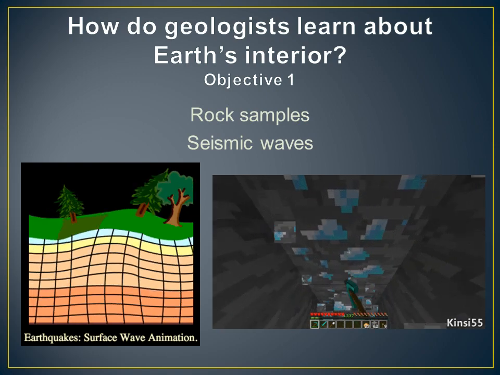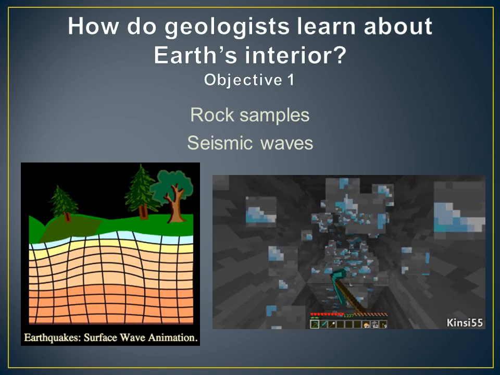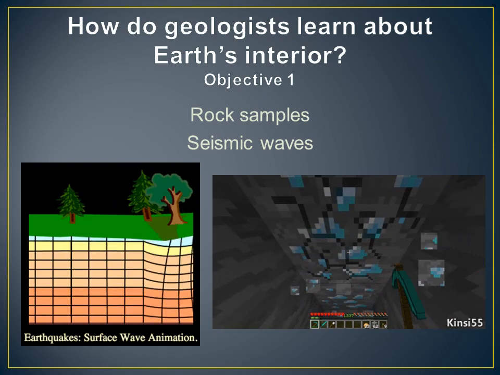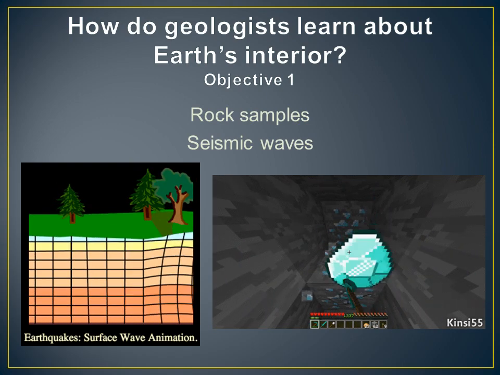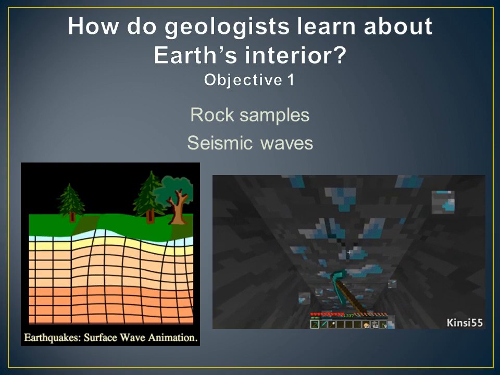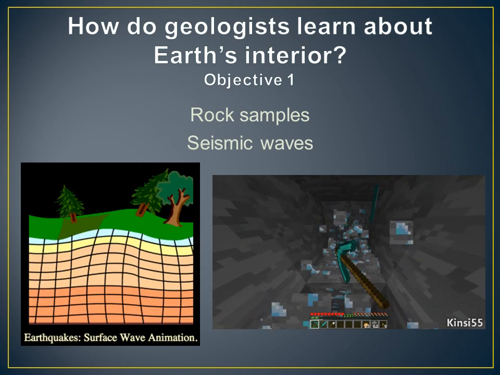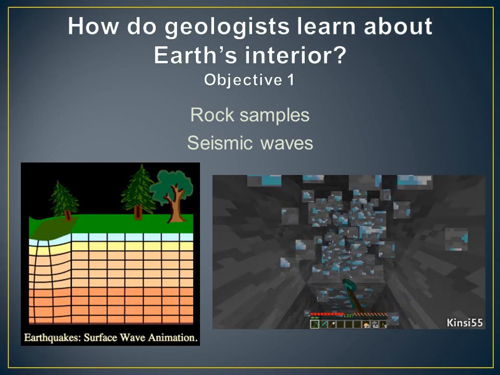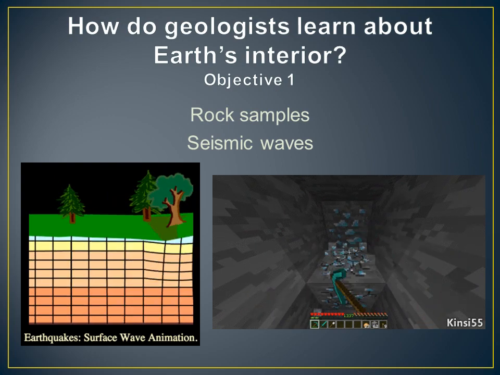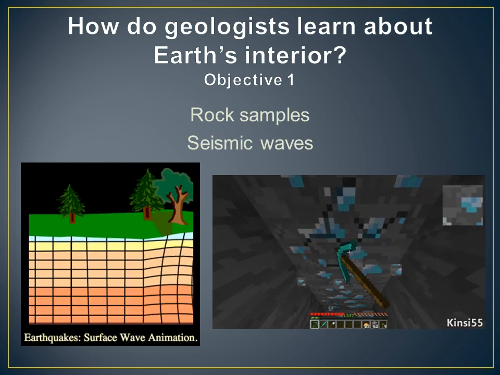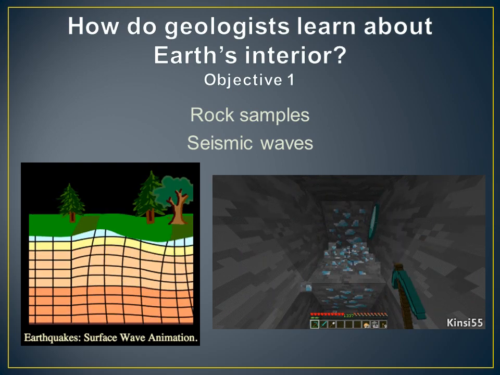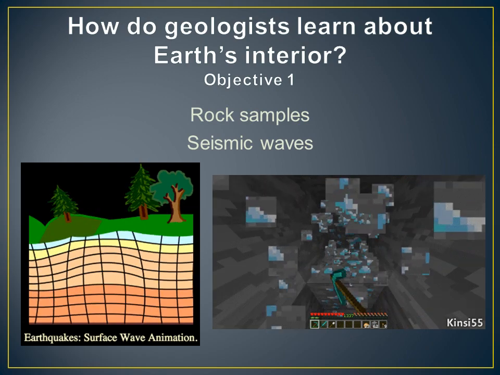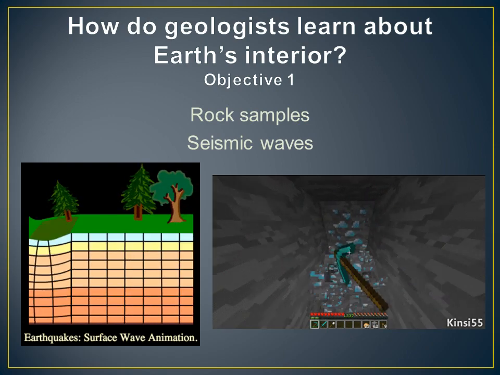You might find iron ore at one place, coal at another, maybe diamonds close to lava. So Minecraft is very similar to the Earth. Different rocks, different minerals, different things will be found in different areas. And the other one is seismic waves. That's the left picture there, movement of the Earth. Again, seismic waves are the vibrations released by earthquakes.